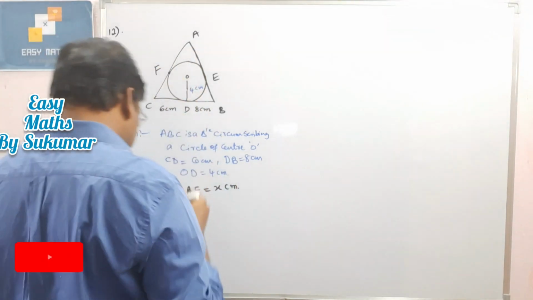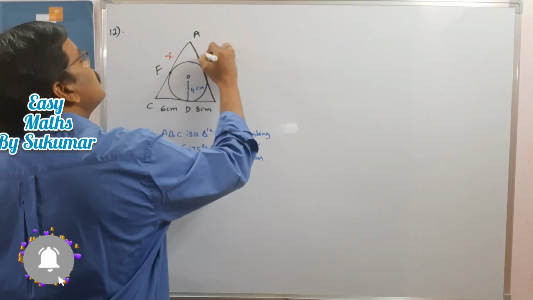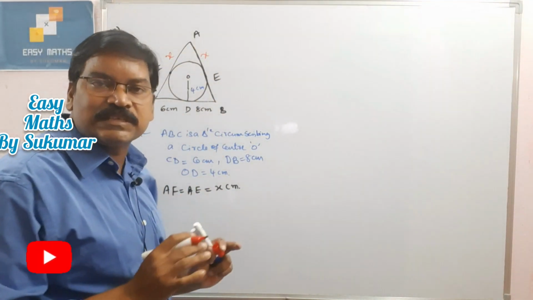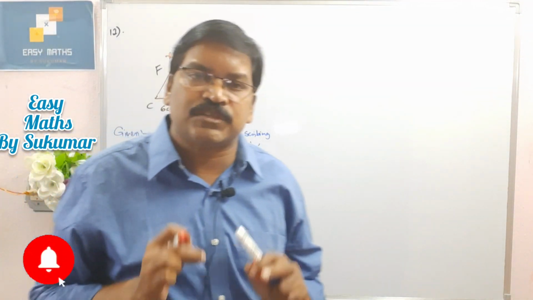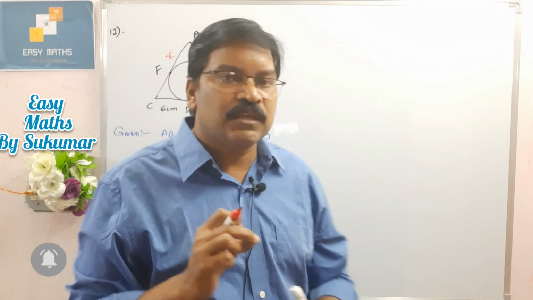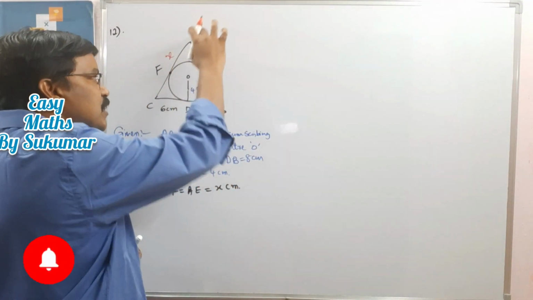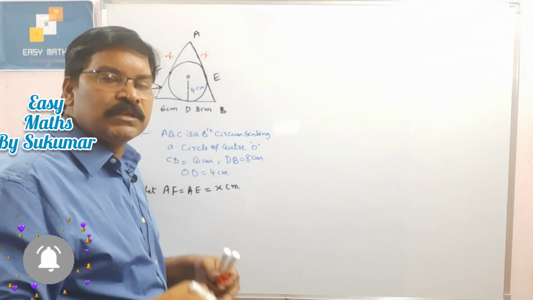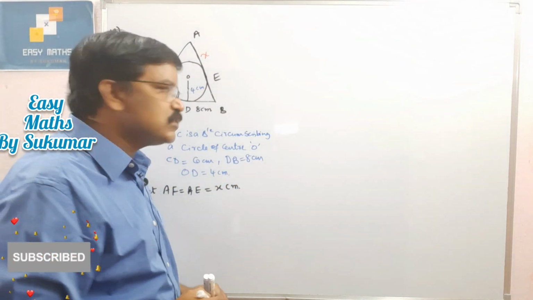That means this is x centimeters, this is also x centimeters. The reason is AF and AE are the two tangents drawn from the external point A of a circle. That means they are equal. Therefore we can take AF and AE as equal to x centimeters.